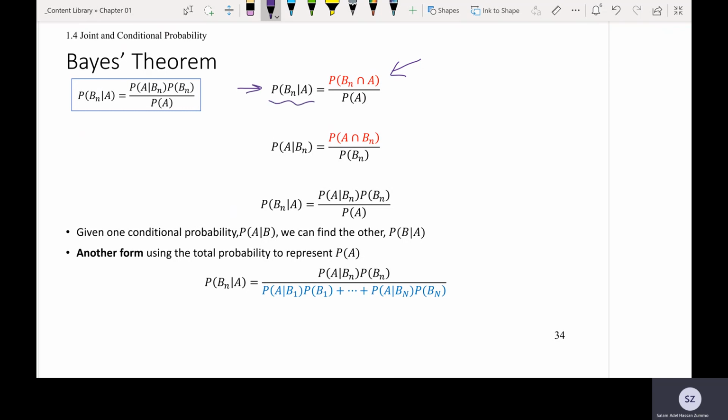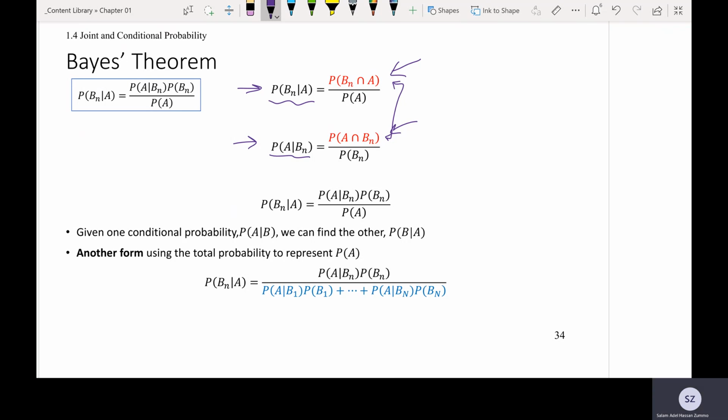Now, equivalently, this is one way to write it, the probability of Bn given A, or you can write the probability of A given Bn. Now the condition is that Bn has happened, and we are interested in finding the probability of A. In this case, it's the same: this is equal to the probability of A intersect Bn divided by the probability of Bn. So you can see that there is the same common factor in the numerator, right?